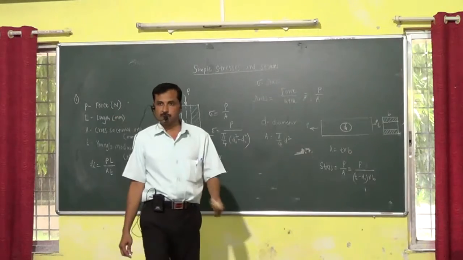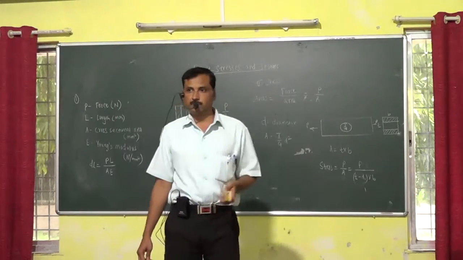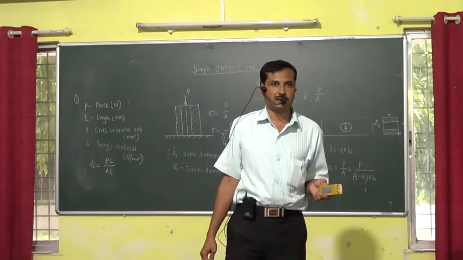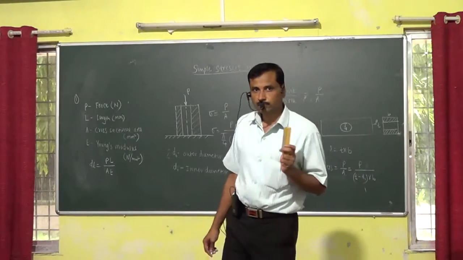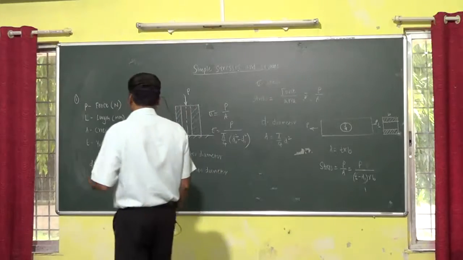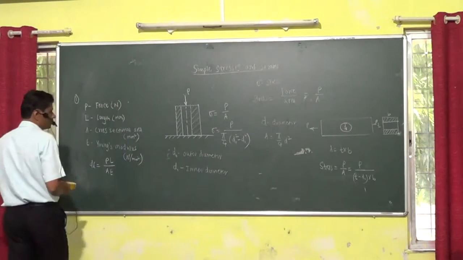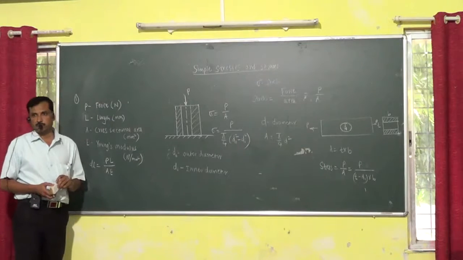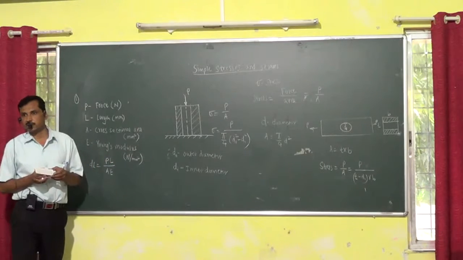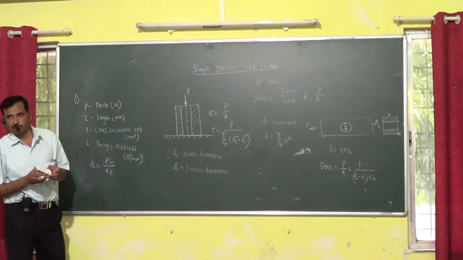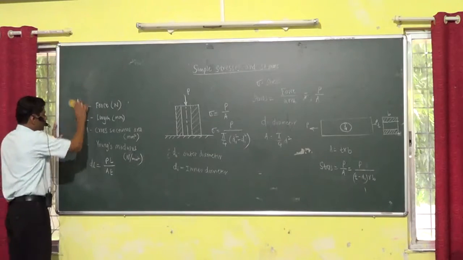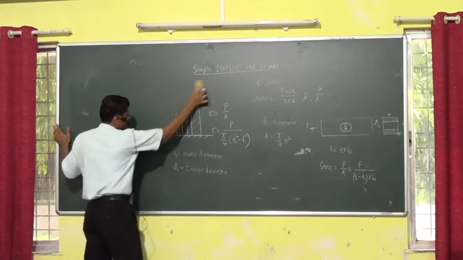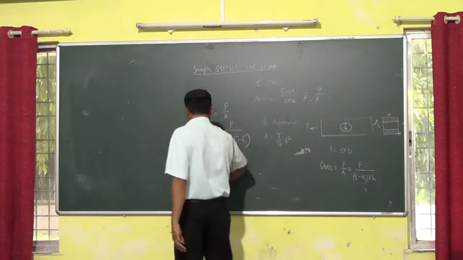Okay. So this is one kind of example in simple stresses and strains, showing how to identify stress as well as strain and elongation. This is the first type of example, in which we calculate stress, strain and elongation when different cross-sectional areas are available.